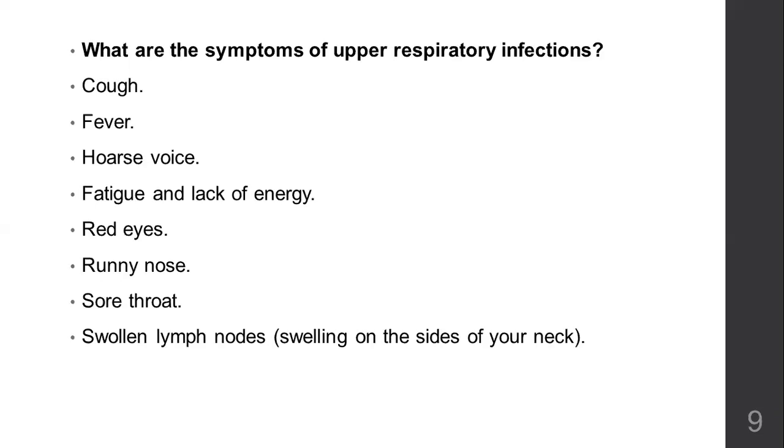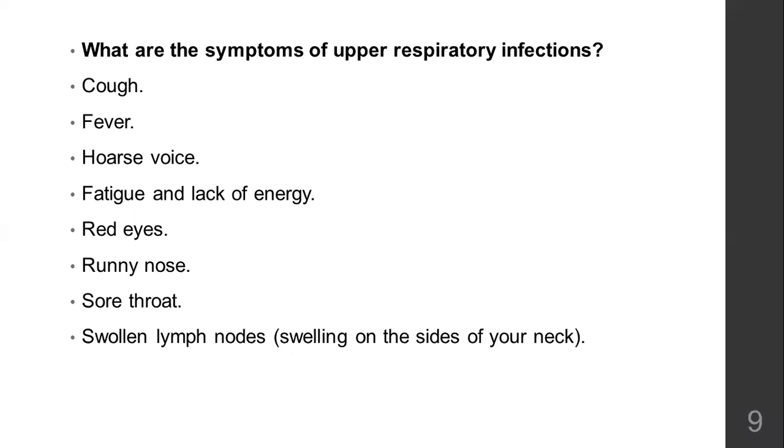So signs and symptoms of respiratory infection: cough, fever, hoarse voice. Your voice changes when you are suffering from a cold or any respiratory infection. If it has affected your larynx, obviously your voice will change.